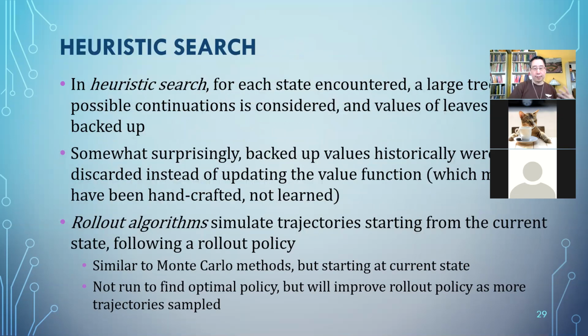So broadly, this category of algorithms is called heuristic search. What you do is you say, I'm in my current state, and I'm going to create a large tree of the possible continuations. Again, in my head, this is what I think of as chess AIs. I think historically, people handcrafted what they thought was a fairly good policy, and then they used heuristic search to say, but we know that that's just an approximate policy.